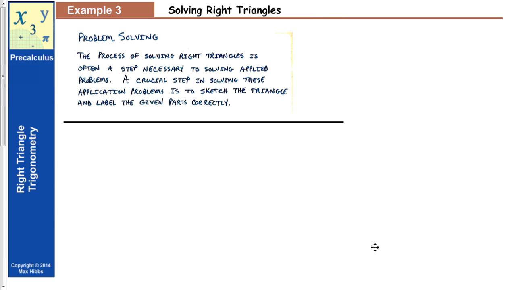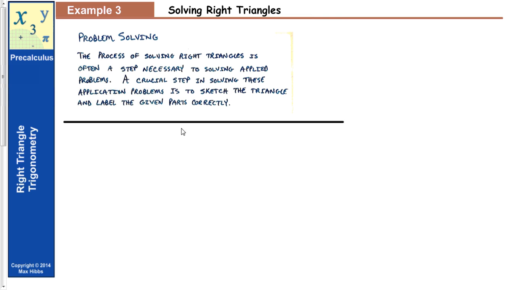And this one's actually an application. So I've got a beginning to this before we get started. And it says generally in problem solving, sometimes the process of solving right triangles is a step necessary to solving an application or applied problem. And a crucial step in solving these application problems is to sketch the triangle and label the given parts correctly.